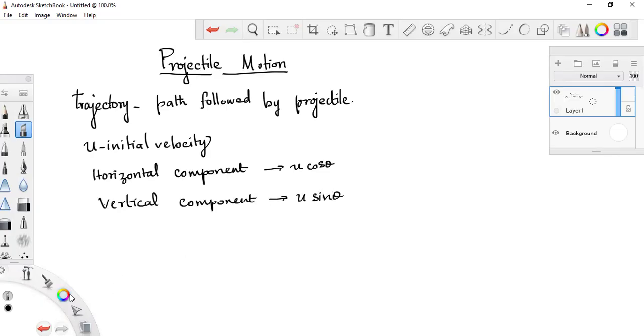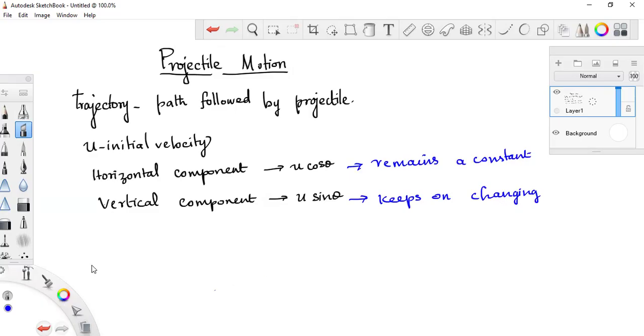Throughout the projectile motion, the horizontal component does not change. It remains constant. Whereas the vertical component keeps on changing. I mean, it increases or decreases.